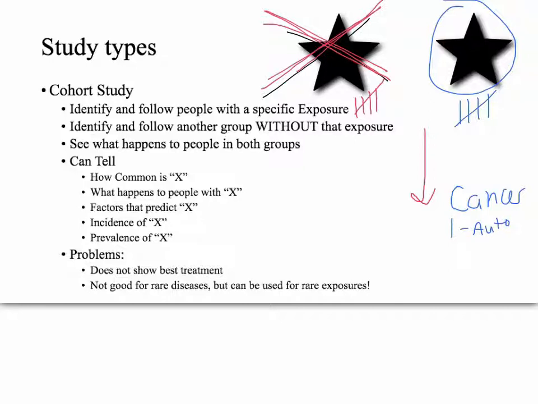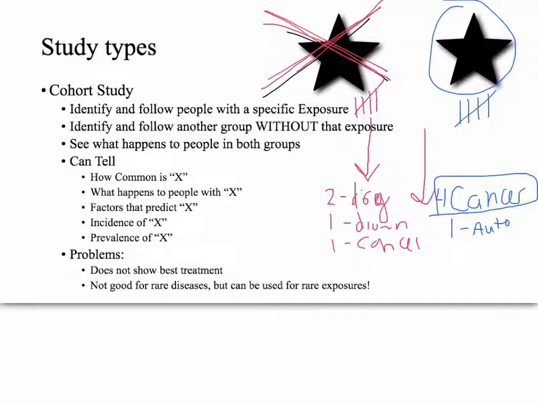Out of the others that were not exposed to radiation, 2 died of dog bites, 1 died from drowning, and 1 died from cancer. The 4 that died from cancer died fairly early, whereas all of these others died much later on.